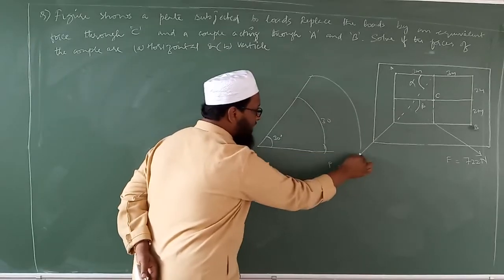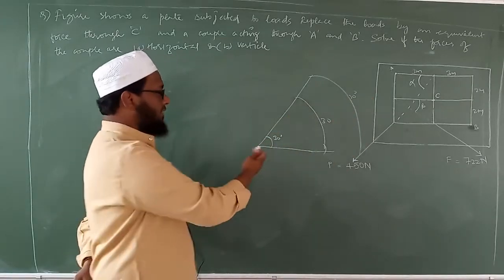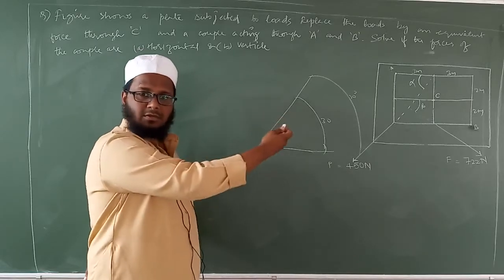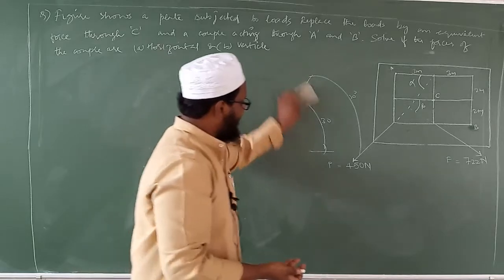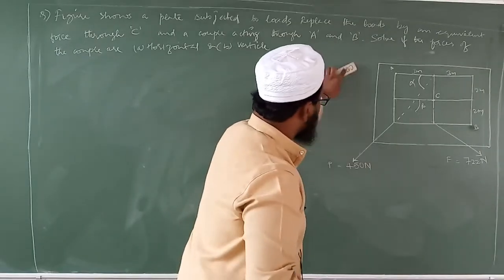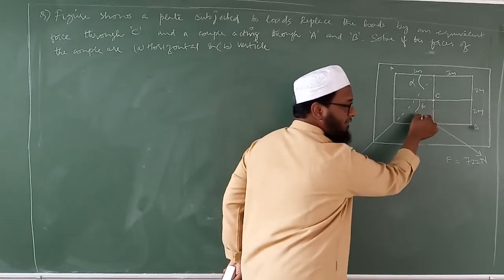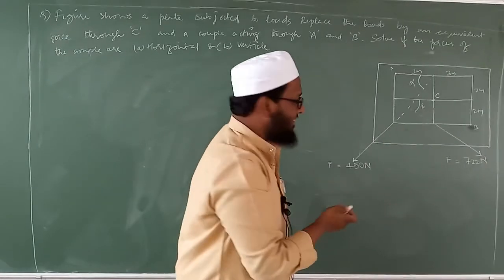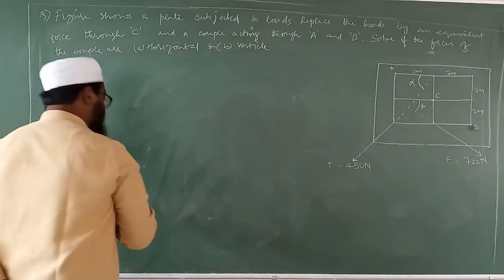What about this angle? 30 degrees only. Many students get confused, asking, sir, how can that be 30? It is 30 only. So if I make the angle here, it is beta; if I take it here, it is beta only. All right.